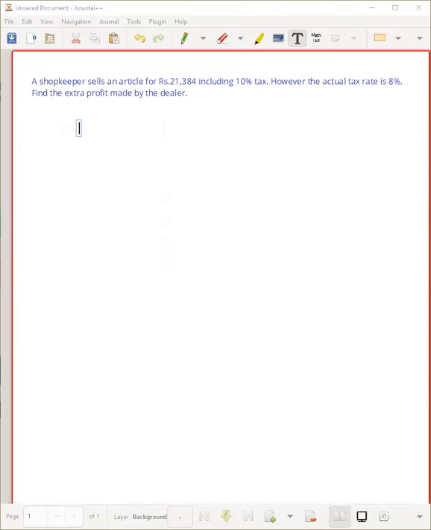Five minutes, everyone. Quickly solve it. Again, it's inclusive, so you have the formula if you have a difficulty with X or the unitary method.